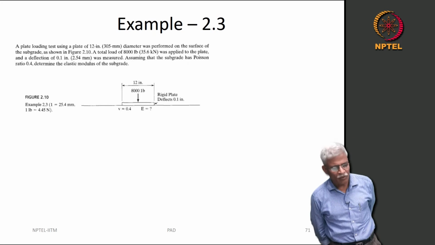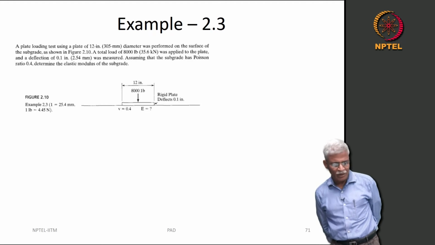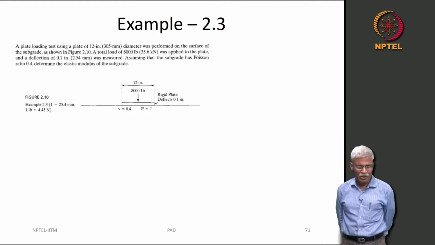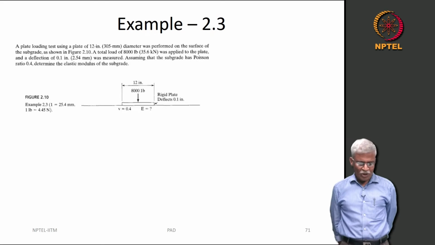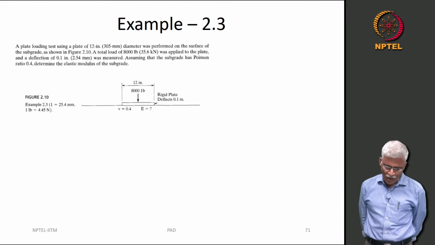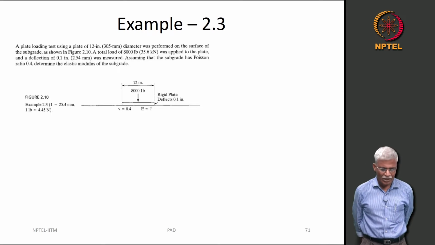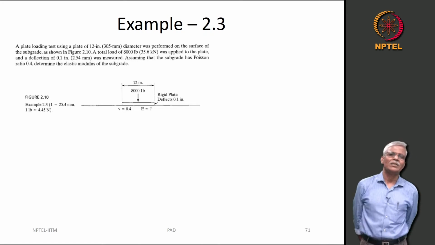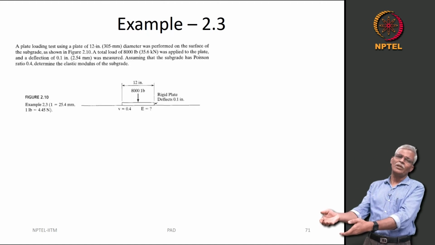A total load of 8000 pounds, which corresponds to 35 kilonewton, was applied to the plate and a deflection of 0.1 inch was measured. Assuming that the subgrade has a Poisson's ratio of 0.35, determine the elastic modulus of the subgrade.